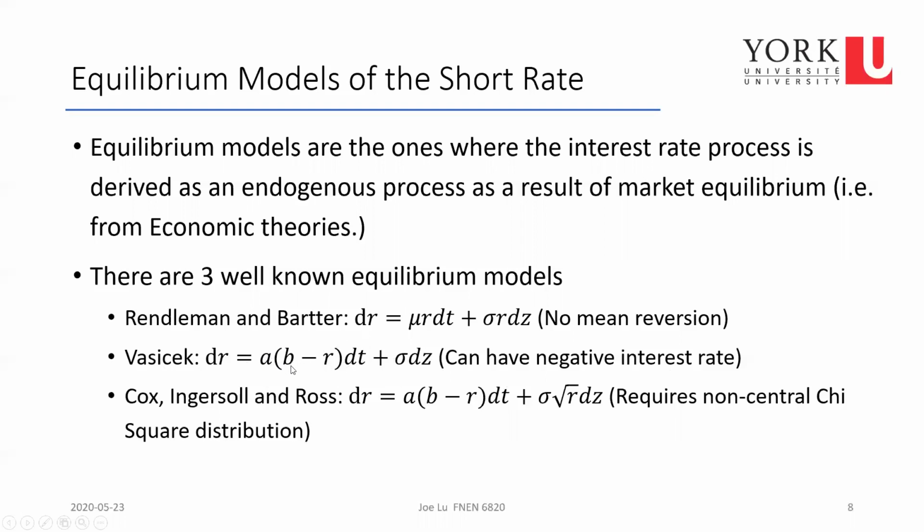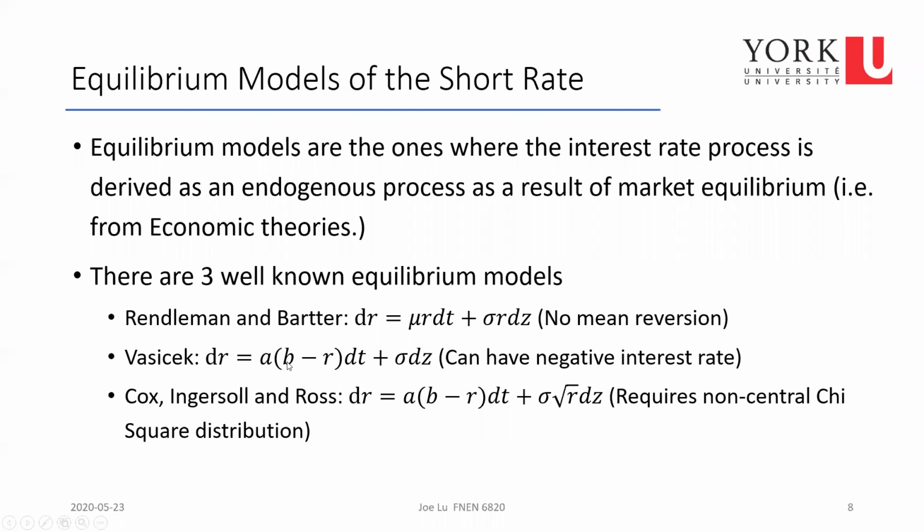If B is lower than R, so the long-term stable instantaneous rate is lower than the current rate, then this part is negative, and that means the interest rate would tend to be lower.